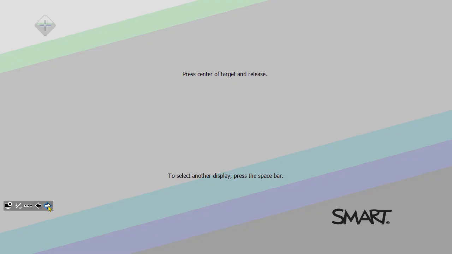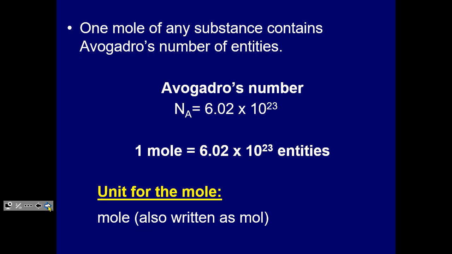So Avogadro's number is 6.02 times 10 to the 23 entities. 23 things. So we give this special number a special name, Avogadro's number, and we give it the symbol N subscript capital A.